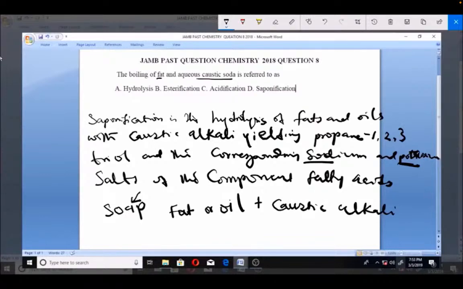If you have these two combined, you're going to have soap. And you know that soap is actually the sodium and potassium salts. That's the soap. Then what else do we have? We now have what we call propane 1,2,3-triol. So that's how soap is produced. This is the process of soap formation, saponification. And that makes the right answer to this, saponification. Thank you.